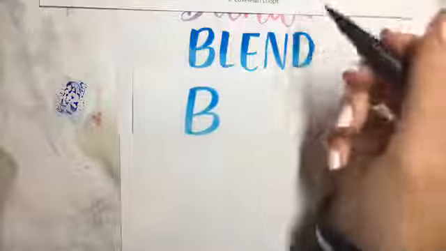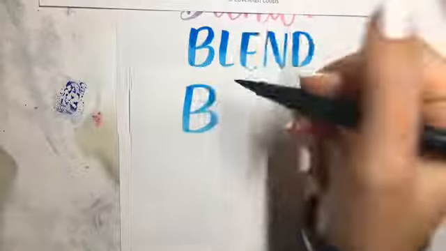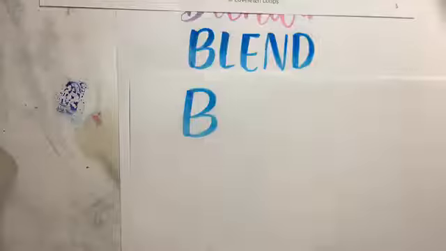So you can go down as far as you want, and you can build on top of itself multiple times. If you do too many layers, then it might kind of rip through the paper.